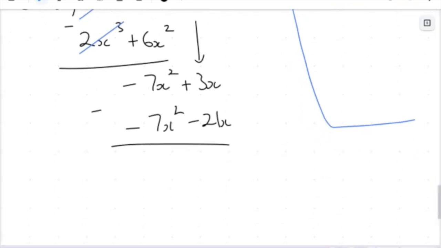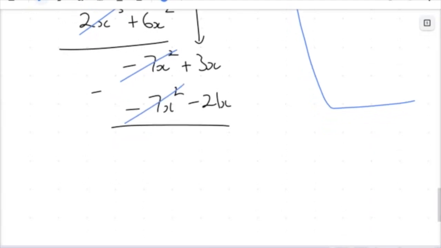Okay, sweet. Now, here we have a double negative. So we have negative 7x squared minus 7x squared. That's like saying negative 7x squared plus 7x squared. That is going to give us 0 again. And I have positive 3x minus 21x.